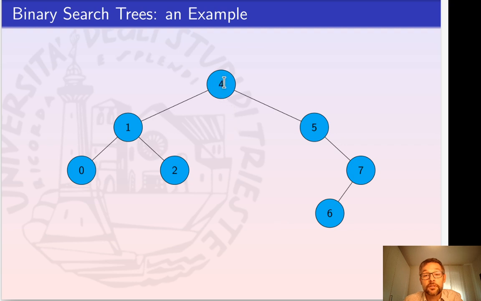So in this case, for instance, an in-order visit goes through, before visiting 4, all the nodes in this subtree. Before visiting this node, it goes through all the nodes in this subtree, and since this subtree contains only the node whose key is 0, visit 0, then visit 1, then go through all these nodes, and these nodes contain exclusively 2, and so on and so forth.